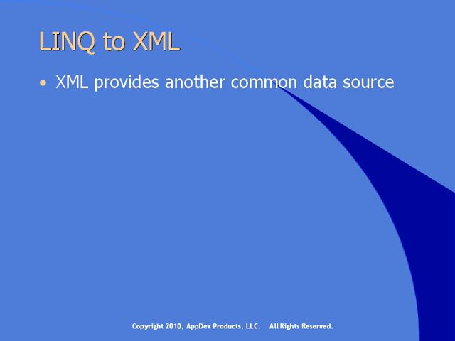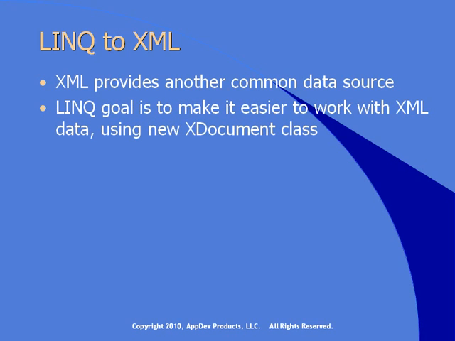In building applications, XML provides another common data source. The LINQ goal is to make it easier for you to work with XML data using the new XDocument class. Now, you could always work with XML data using the XML document class, but that was a lot more work.